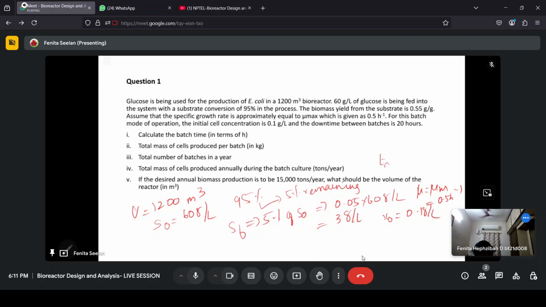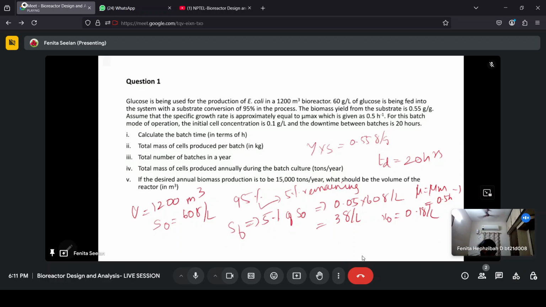So the downtime is 20 hours. What else is given? It is also given that your biomass yield from the substrate, that is Y X/S, is given as 0.55 gram per gram. So we have written down all the given data.